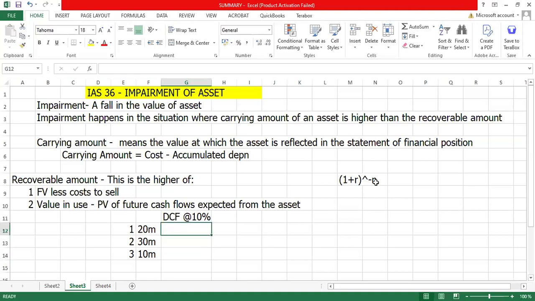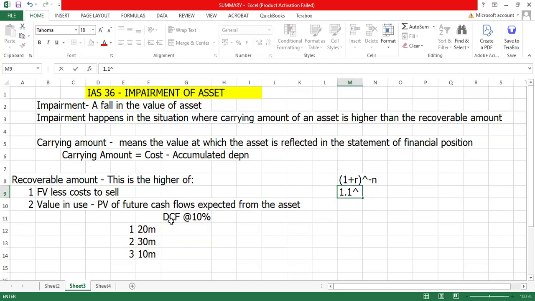So you substitute in your formula. It will be simply 1.1, because R is 10%, which is the same as 0.1. 0.1 plus 1, you get 1.1. So it's 1.1 power negative n.